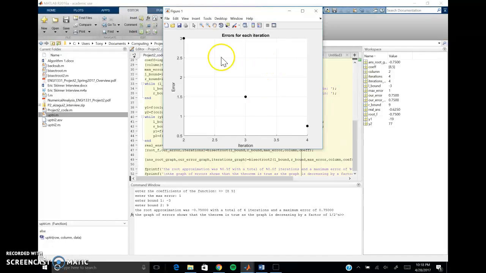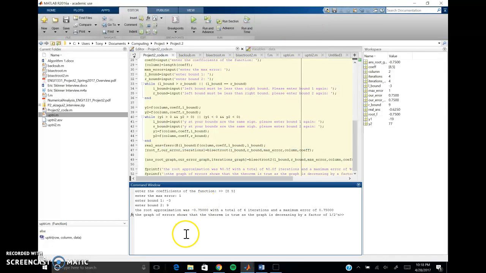And these are, again, errors and iterations for your equation. Here in the command window, you can see that the root approximation was negative 7.5, total of 4 iterations and a maximum error of 0.75. I'm sorry, negative 0.75 and 0.75.